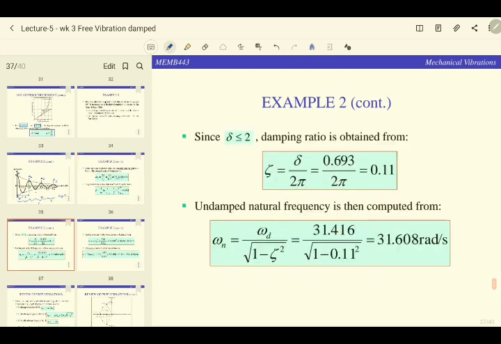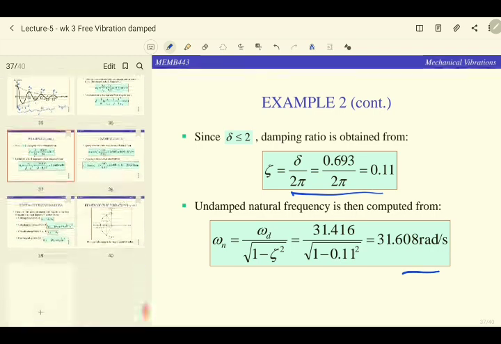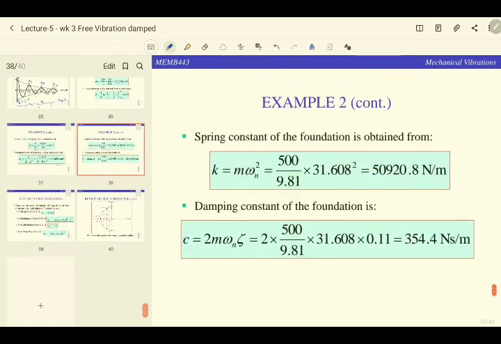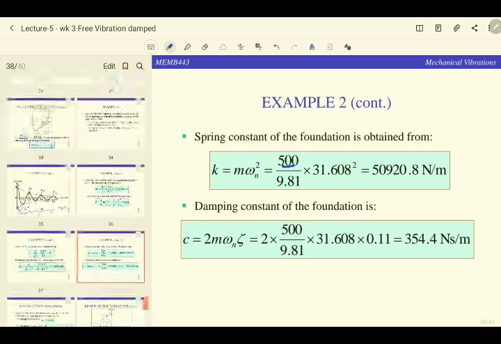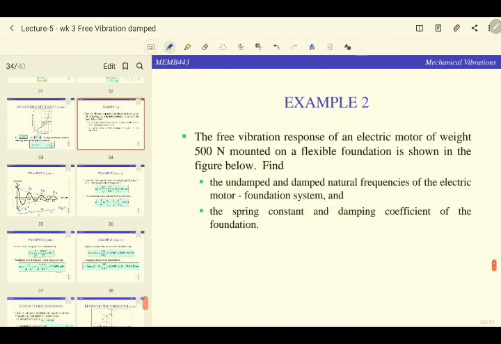Since your delta is less than 2, you can use this simplified equation, and you can also calculate your undamped natural period. Then you can calculate the spring constant of the foundation, because you already have your m given. Take note that I forgot to tell you, the motor weight is already given in Newton.